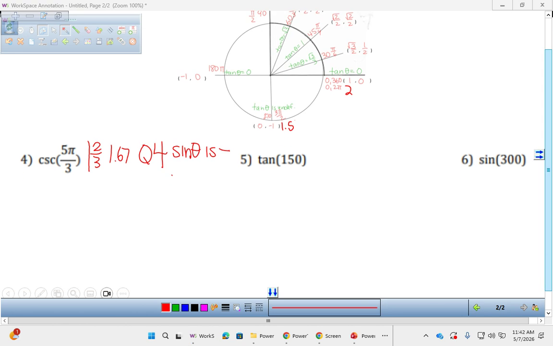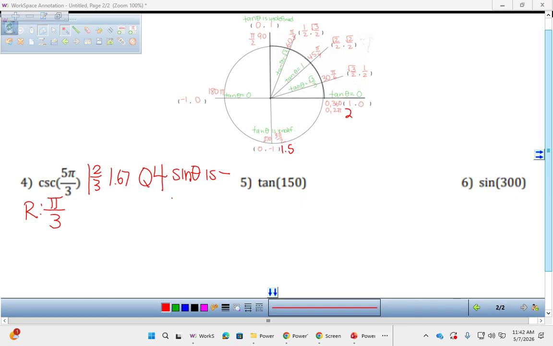I also need to find my reference angle. Well, between the 3 angles that I have in quadrant 1, the only one with a denominator of 3 is pi over 3. So I know I'm going to refer to the coordinate point at pi over 3 to get my answer here. So cosecant pairs with sine, so the sine at pi over 3 is the y value at pi over 3, which is root 3 over 2.